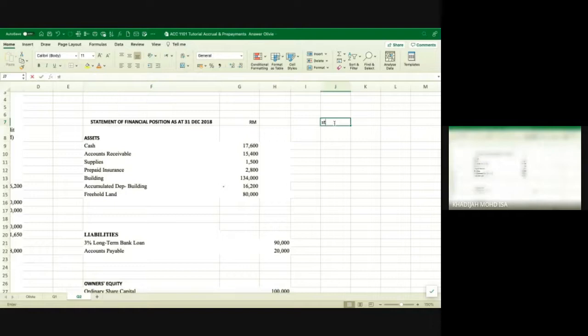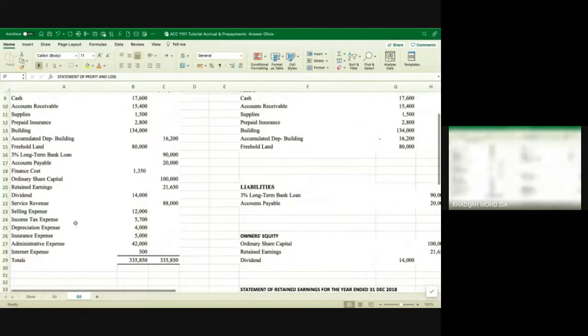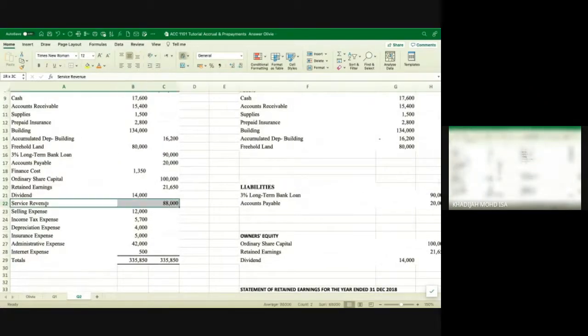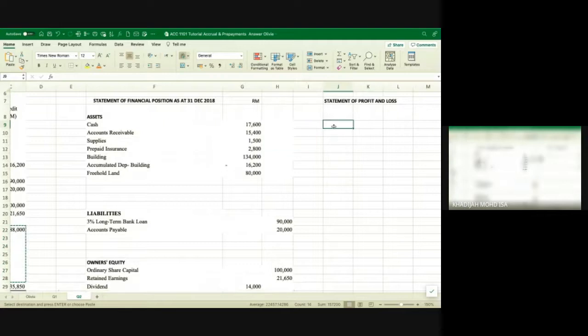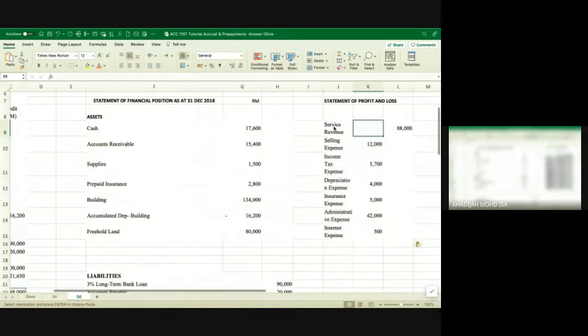Statement of profit and loss, I know the name is longer. So what should be in your profit and loss account? You get the service revenue, that amount, command C, and bring that here, command V. So you have your service revenue.